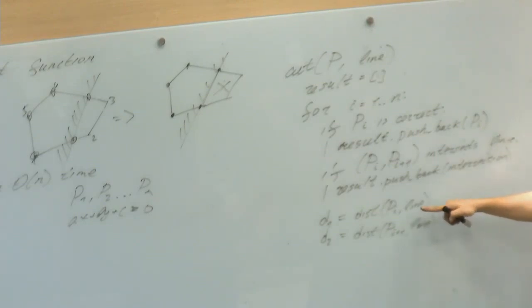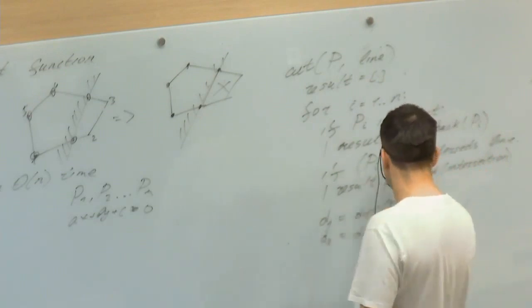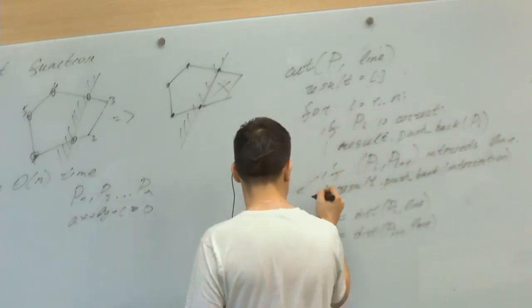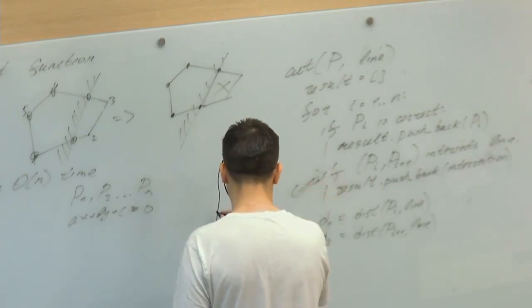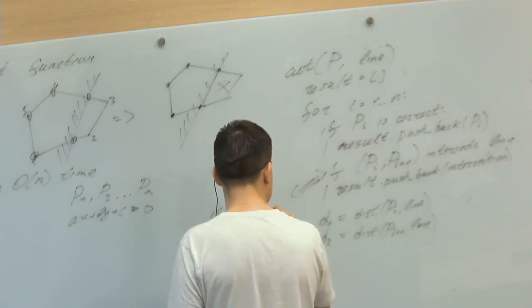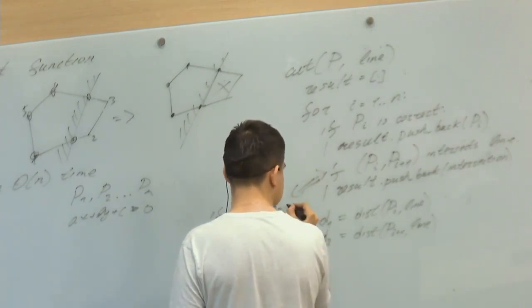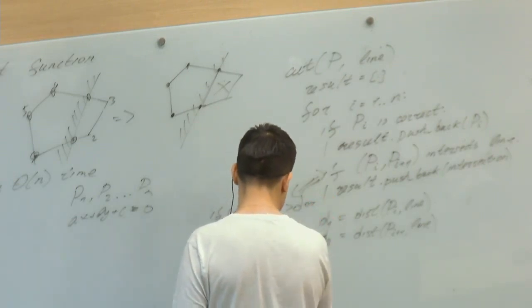So either the first one is less than 0 and the second one is greater than 0, or the other way around. So this is the same as d1 less than 0 and d2 greater than 0, or the other way around.